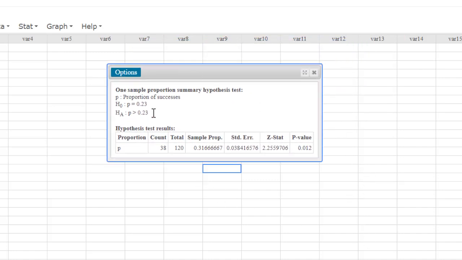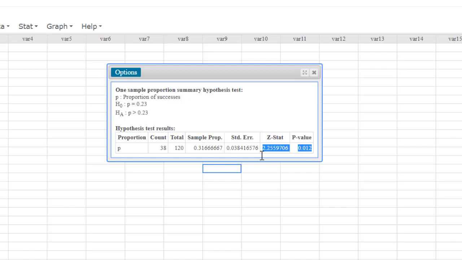Here's our output. It reminds us of what we told StatCrunch our hypothesis statements say, so you might want to glance at those to make sure that they were entered correctly. We get our count, our total. There's our sample proportion, 0.317, that we used when we sketched it out. But what we're most concerned with are these last two columns. This is our Z-stat, or Z-score, and we were able to tell from our sketch that it was more than 2.